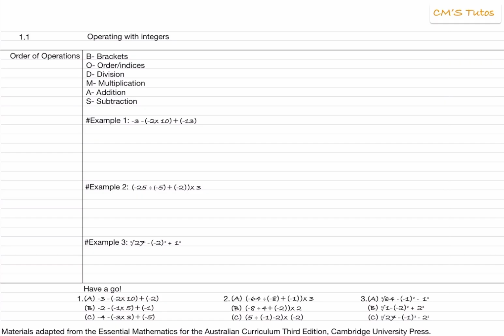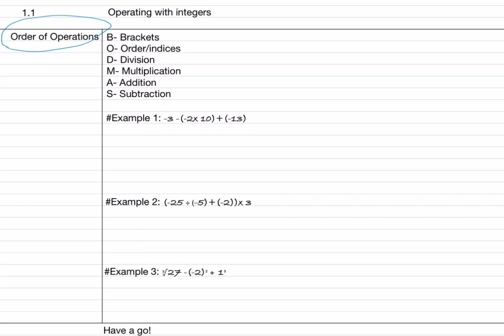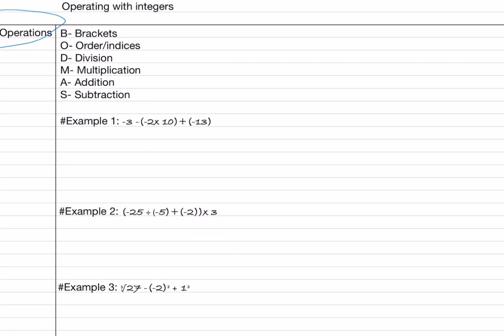Now we're going to explore more about order of operations. When you think about order of operations, there is one simple rule for that. It's called BODMAS. B stands for brackets, O stands for order and indices.